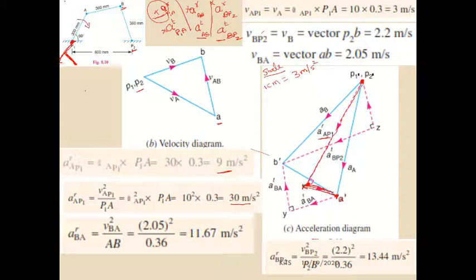Since it is in this direction, I am drawing the tangent line in this direction. Otherwise I would have drawn it in the opposite direction. So I drew the tangential line in this direction, and I got A. So the first point I got.